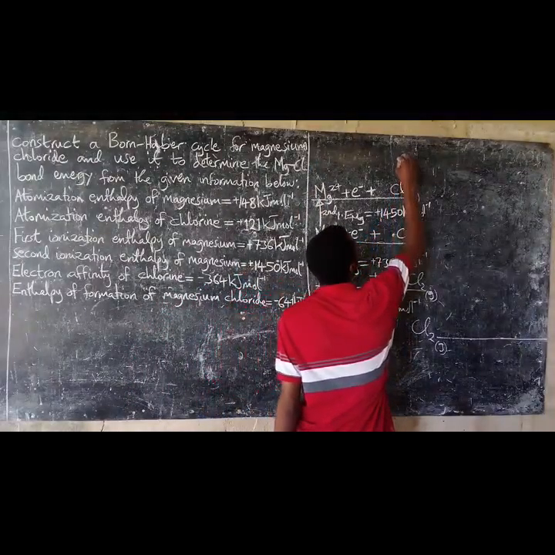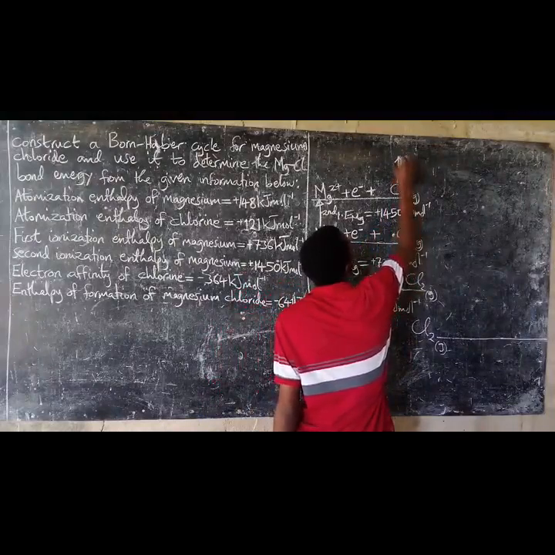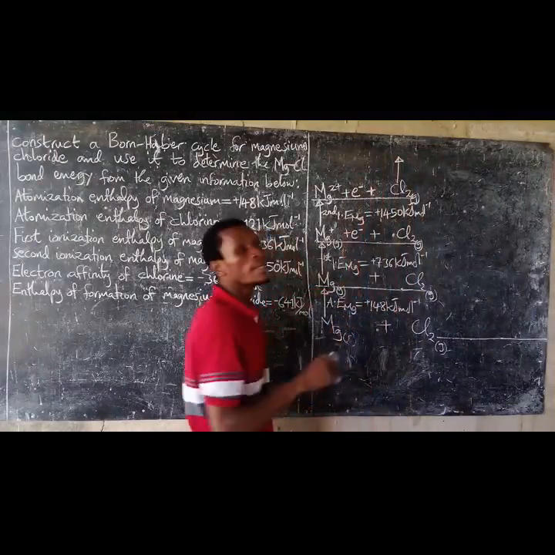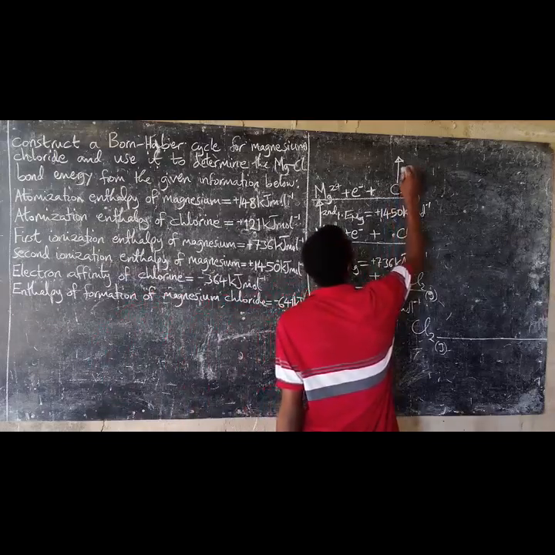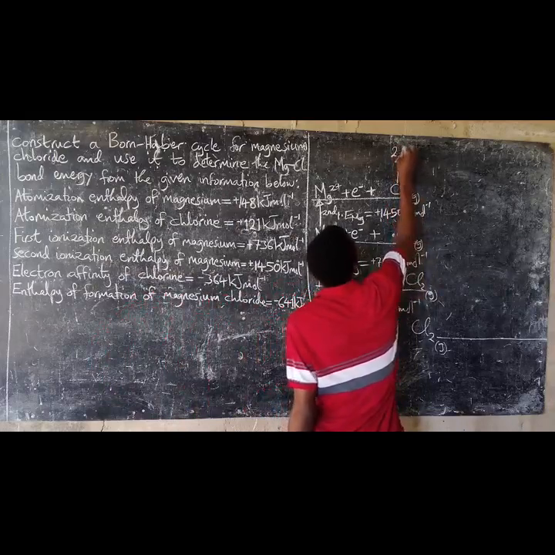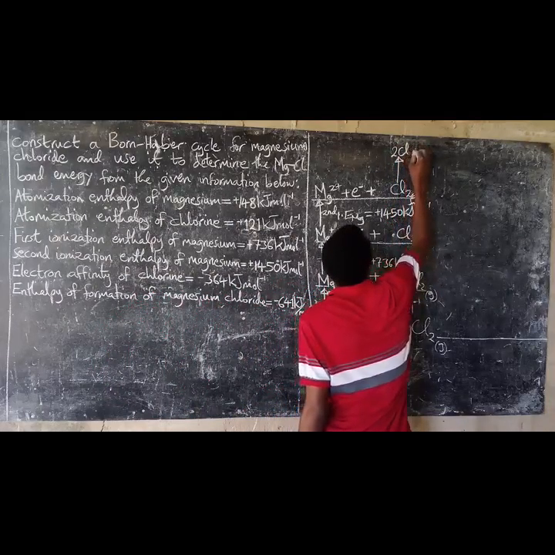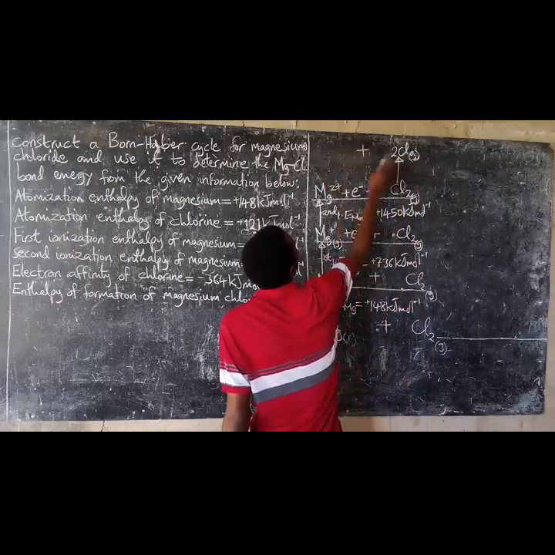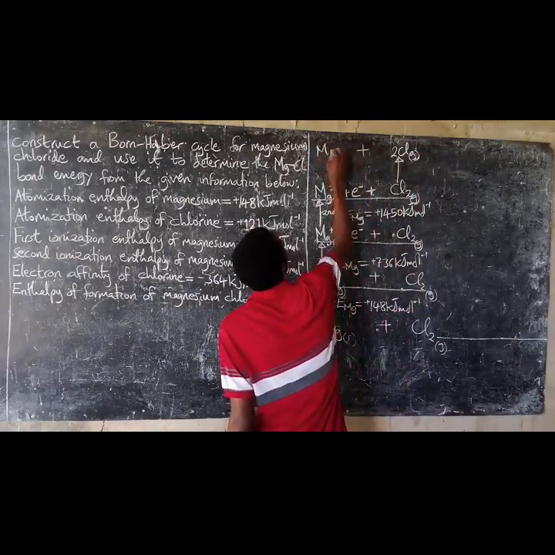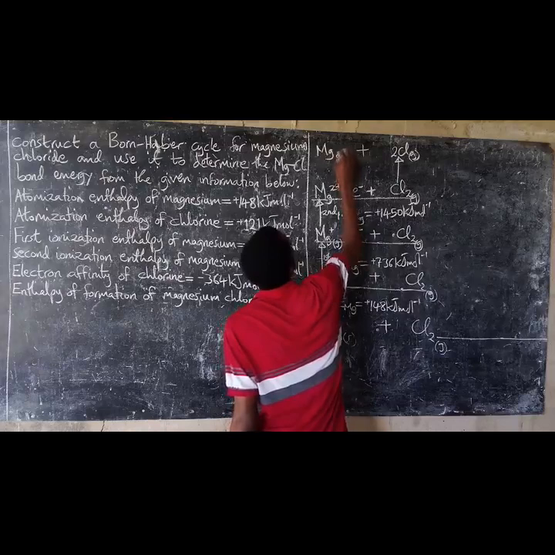Now, chlorine absorbs a certain amount of heat energy called dissociation energy, to form 2 moles of chlorine atoms. Magnesium, this is a gas.